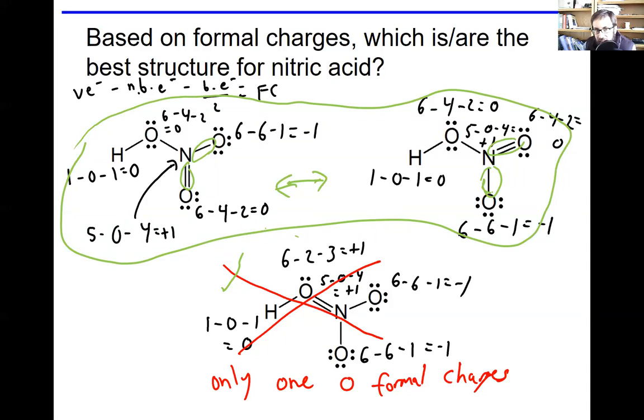Here we didn't have to use the fact that more negative formal charges would want to be on more electronegative atoms. But actually, if you look at these cases here, you have a +1 that's relatively electropositive compared to the -1 on the oxygen, which is relatively electronegative. So that's actually a good situation. So everything's lining up well, and those top two resonance structures are the ones that are better reflections of reality.